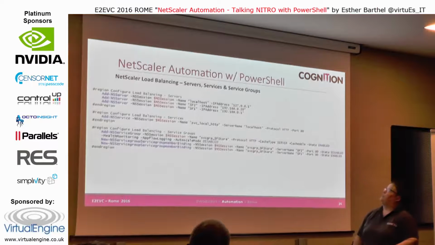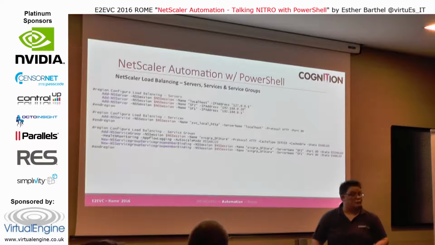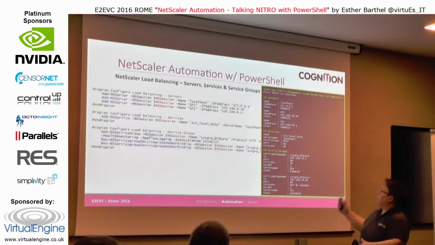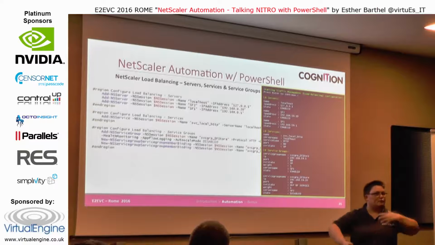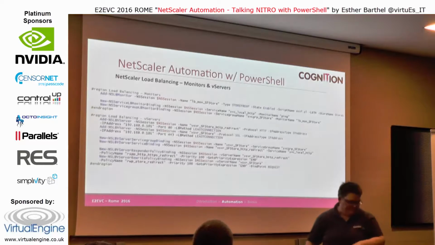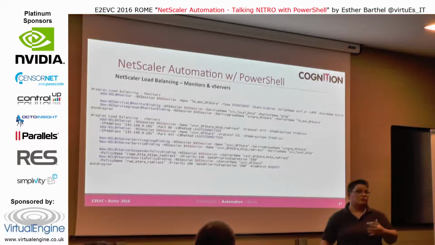The next step was to make sure that I create the servers, services, and service groups that I need to bind to my vserver. Which is kind of repeating, but with the demo I'll show you some of the code in more detail. And last but not least, we'll need some monitors and the vservers configured as well.